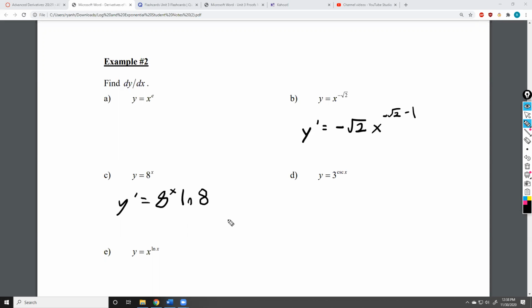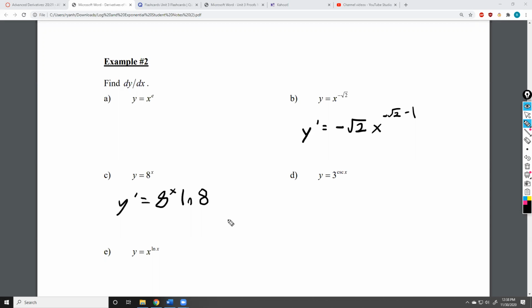Done. That's our derivative rule there. Questions on either of those? We might do a couple more at the end together on these if we're having trouble.